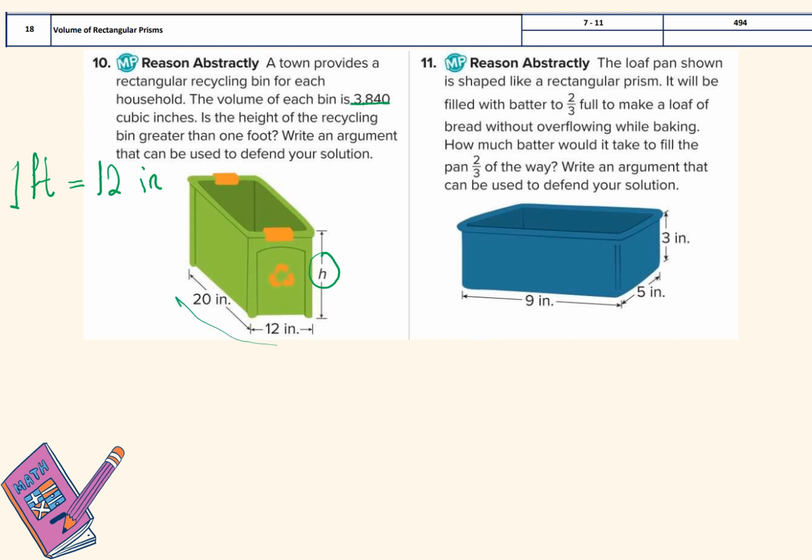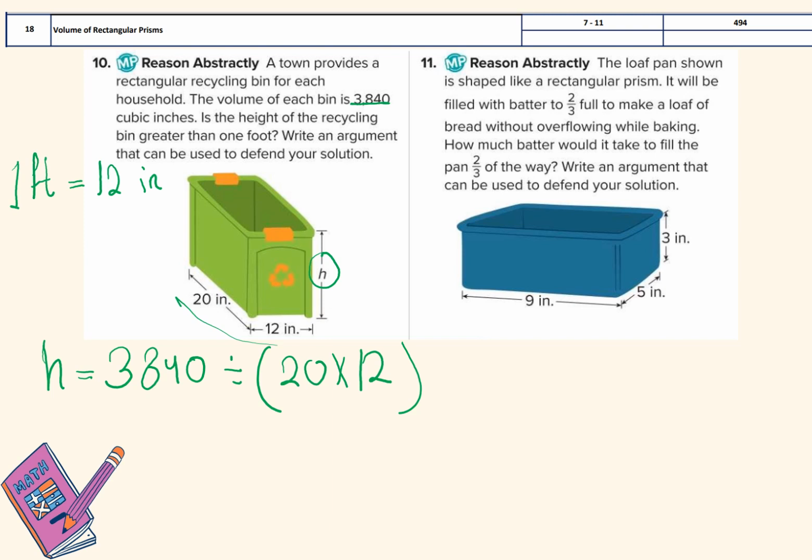So H is going to be 3,840 divided by the product of 20 and 12. So 20 times 12, you need to multiply first, and then complete the division problem.